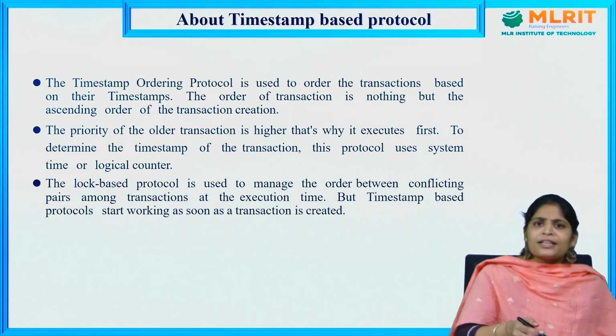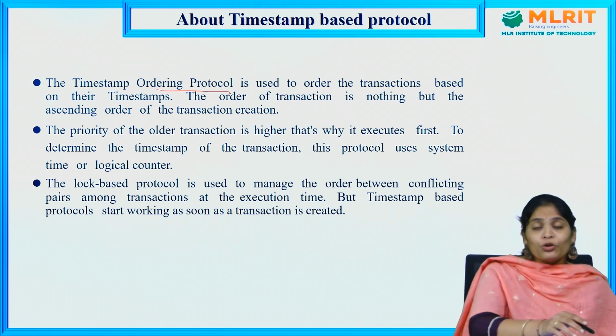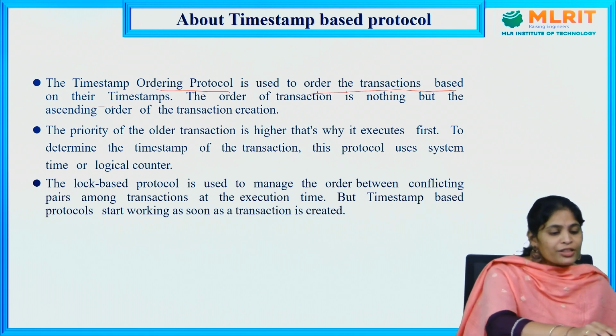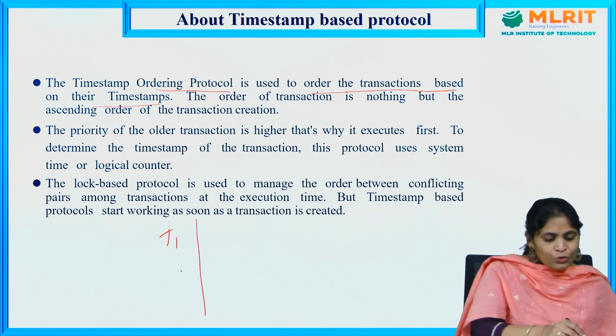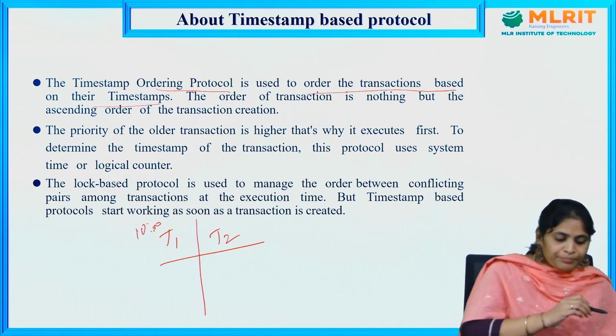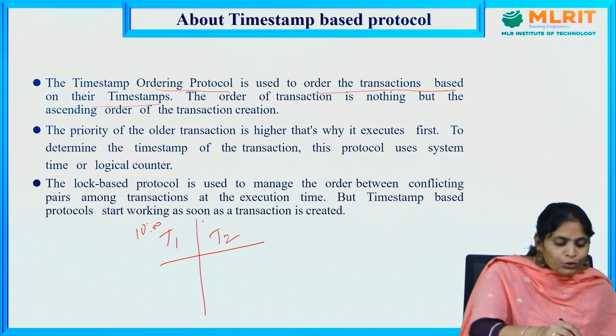So let us discuss what is a timestamp based protocol. It is an ordering protocol which is used to order the transactions based on their timestamps. For example, let us consider two transactions T1 and T2. Suppose T1 enters at 10 am, and T2 enters after it.